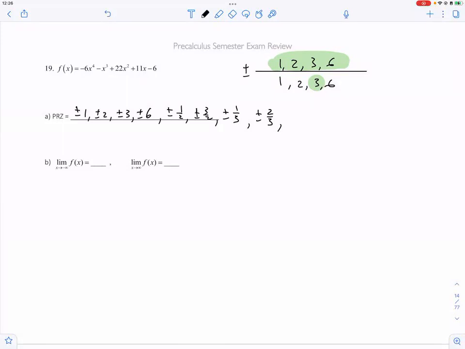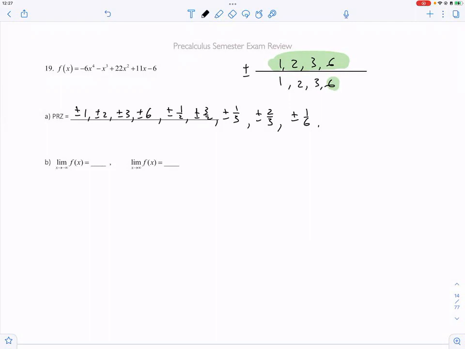Okay, and then we move on to the next factor for the denominator. So plus or minus 1/6. 2/6 is 1/3, which we had already. 3/6 is 1/2, we had it already. 6/6 is 1, we had it already.